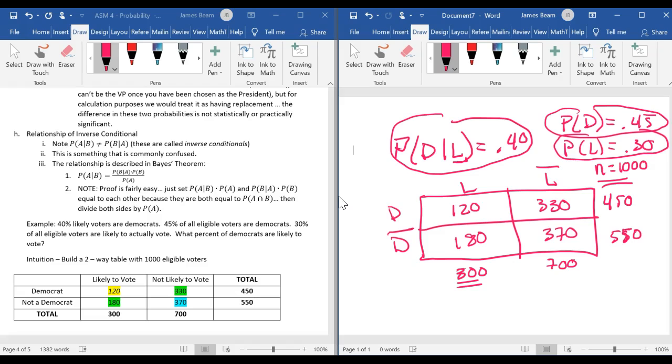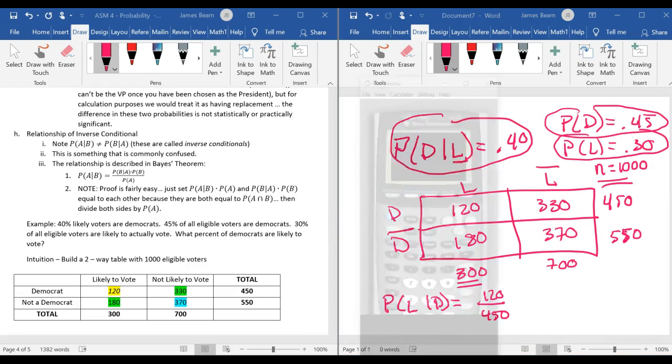So what we want is the probability of picking a likely voter, given a Democrat. Well, the number of Democrats is 450 in my population. The likely voters are 120. And so let's grab the calculator here.